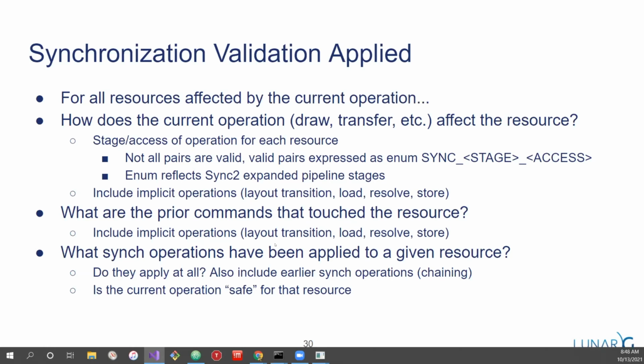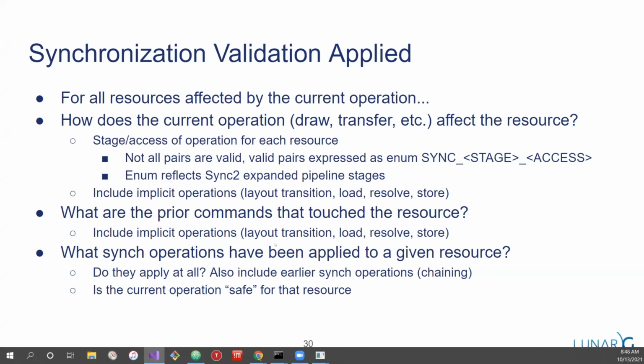The second thing that validation thinks about is what were the prior commands. It looks at that state that we've stored for each range of bytes. What just happened? And then finally, what sync operations happened since that last operation? And did they apply at all?